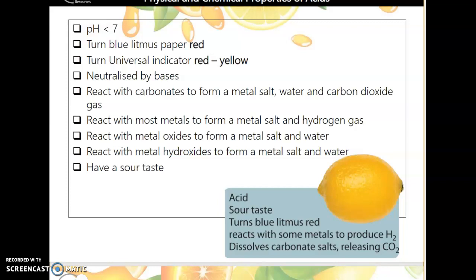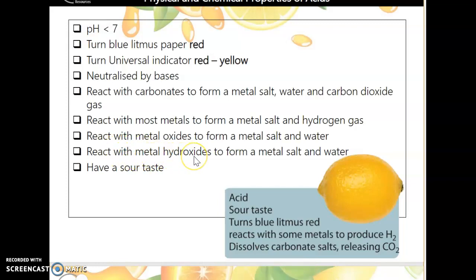Acids also react with two types of bases, metal oxides and metal hydroxides. The important thing to remember is that not all bases are alkalis. The only alkalis are these metal hydroxides. When we look at acid-base reactions, or talk about ion concentrations, we'd be talking about the interaction with these metal hydroxides.